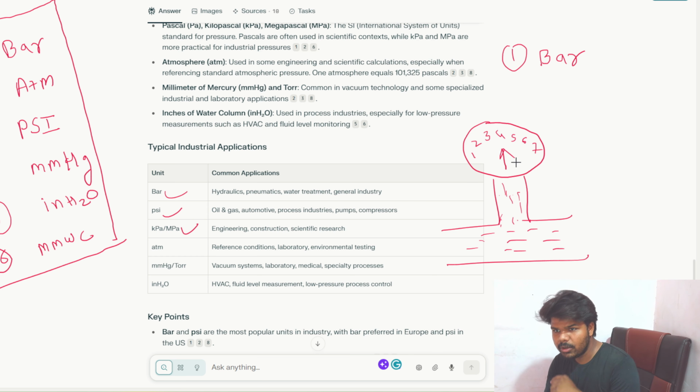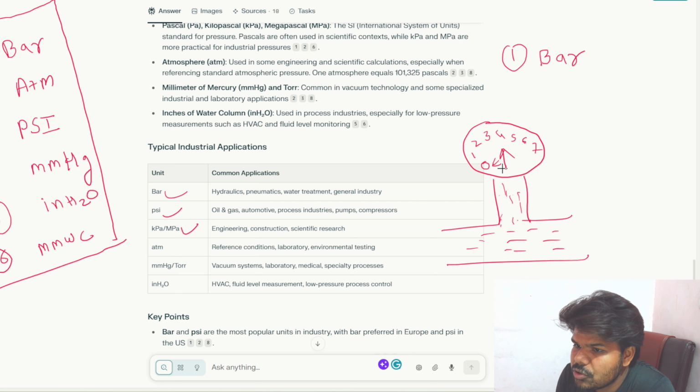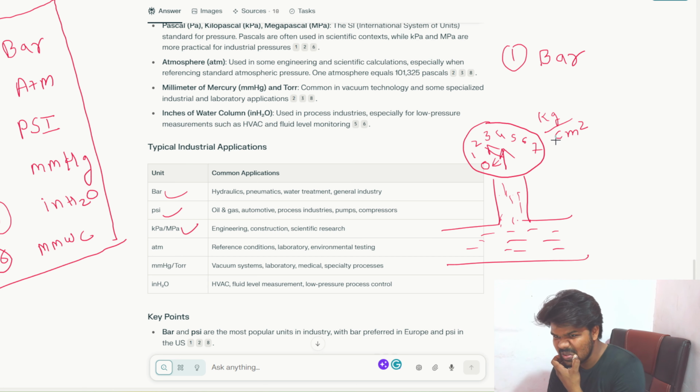So it will indicate the pressure. If the indication is near zero, it means the pressure is zero. If the indication is two, it's called 2 kg, two pressure. Generally the pressure is shown in kg per centimeter square.